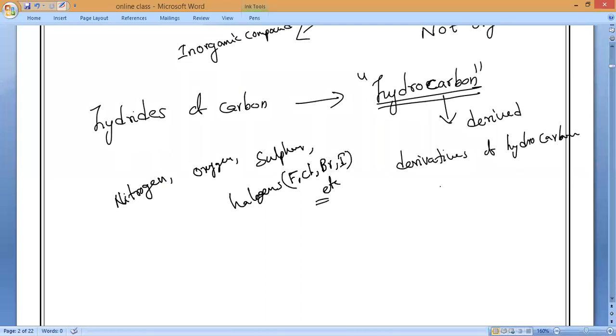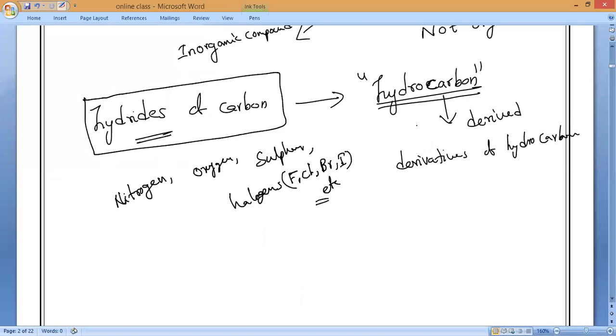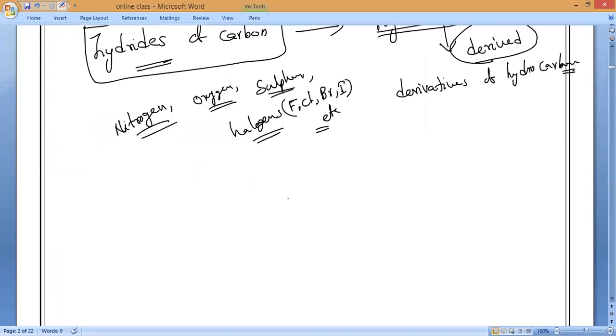All the other organic compounds we basically consider as derivatives of hydrocarbons, where we replace the hydrogen atoms by other atoms like nitrogen, oxygen, sulfur, and halogens.